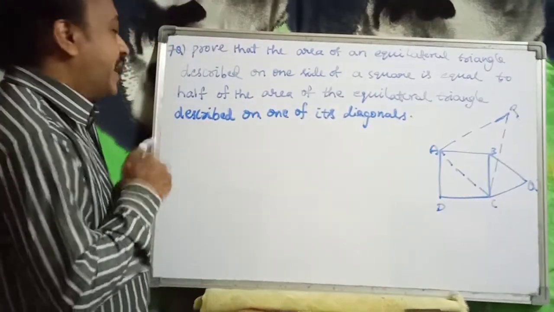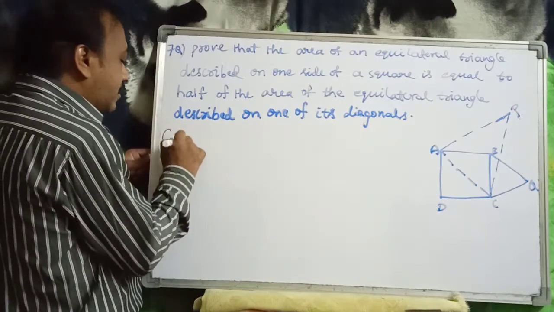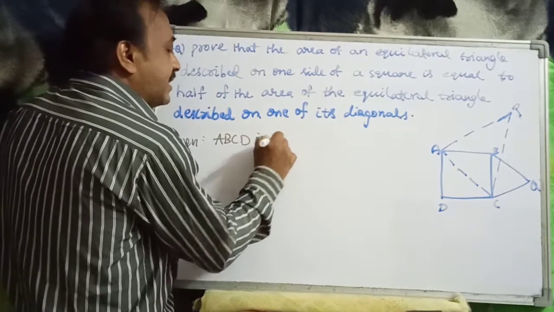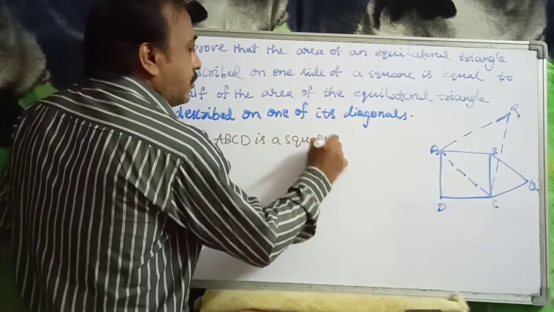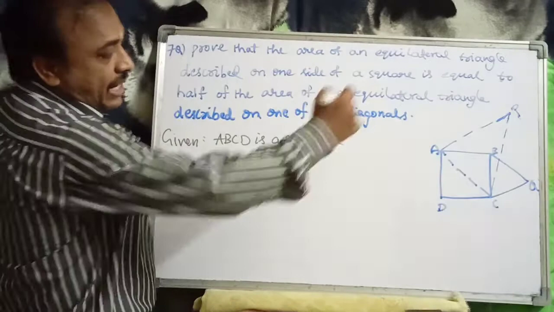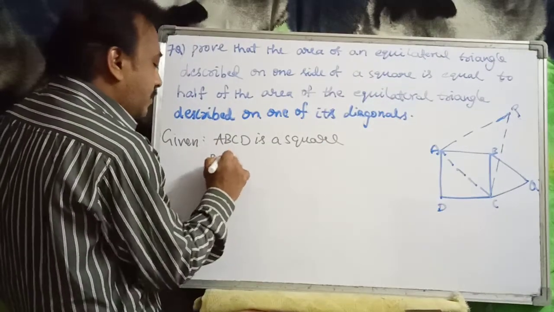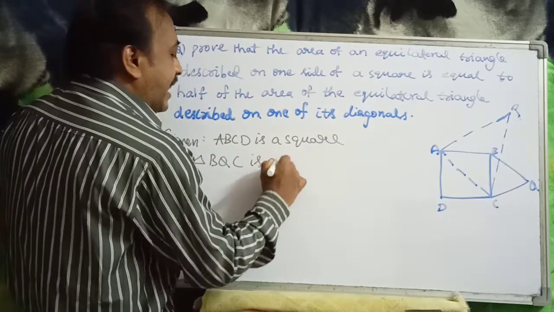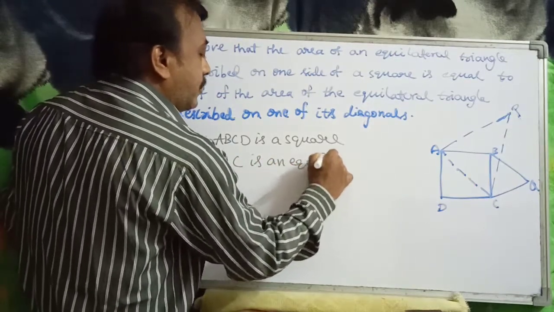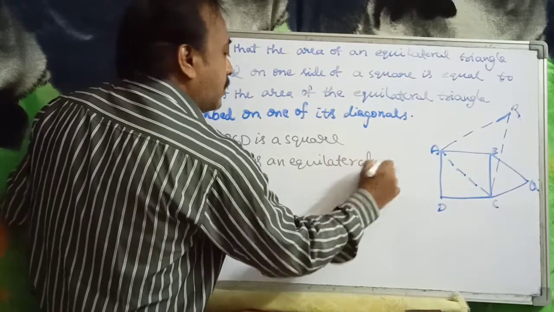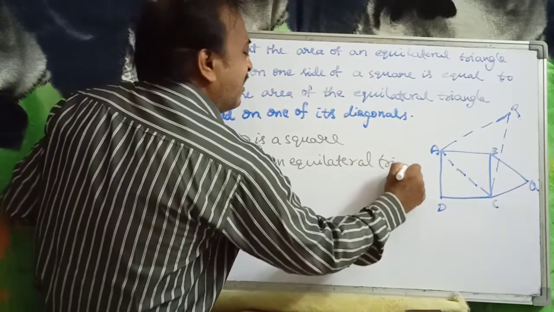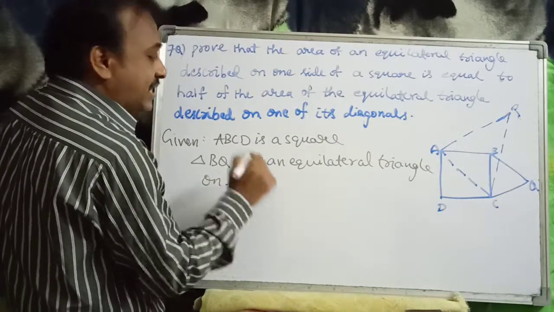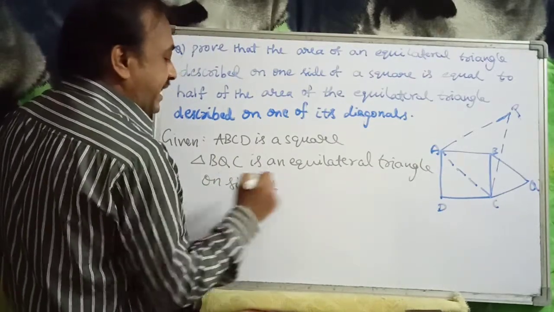So for that, given first: ABCD is a square. Now triangle BQC is an equilateral triangle on side, what is the side? On side BC.